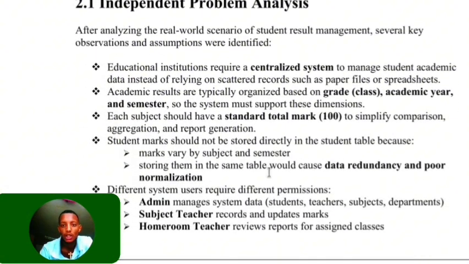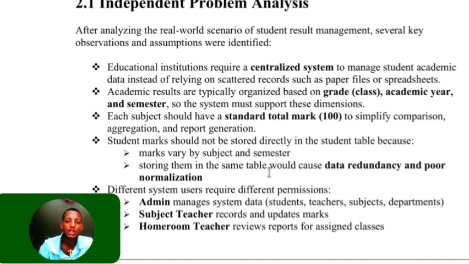Now, in the problem analysis, after analyzing the real-world scenario of students, an educational institution requires a centralized system to manage student academic data instead of relying on scattered records such as paper files or spreadsheets.